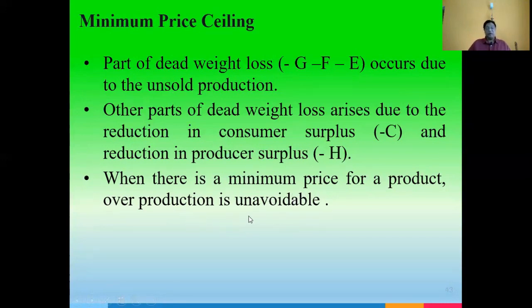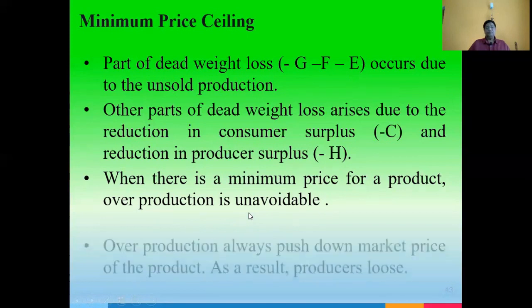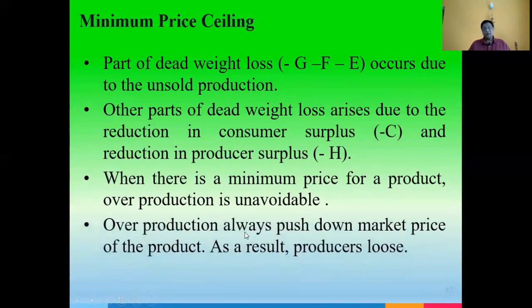It is unavoidable. Overproduction always pushes down the market price of the product. When there is excess product, there is pressure on market prices to push down. As a result, producers lose.